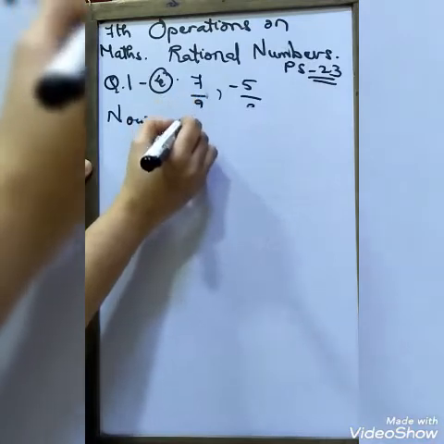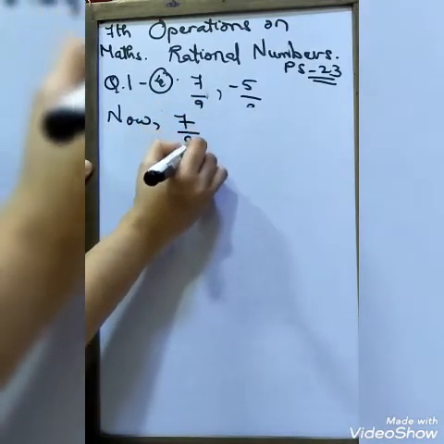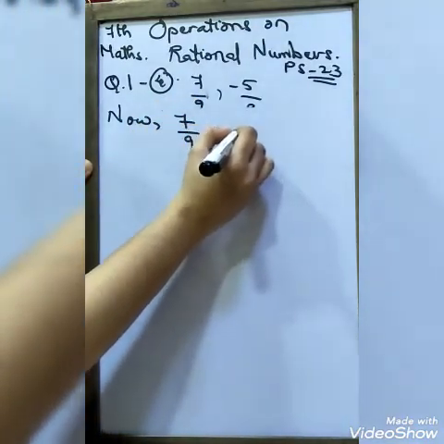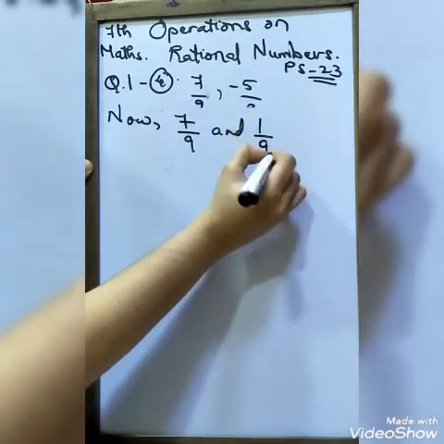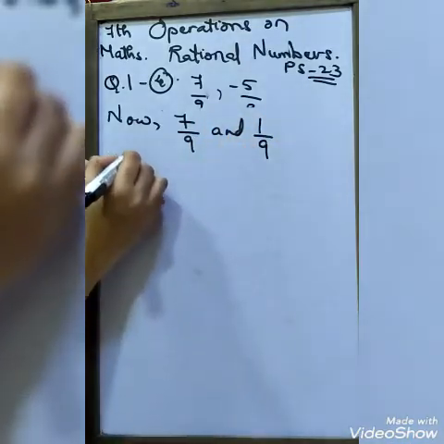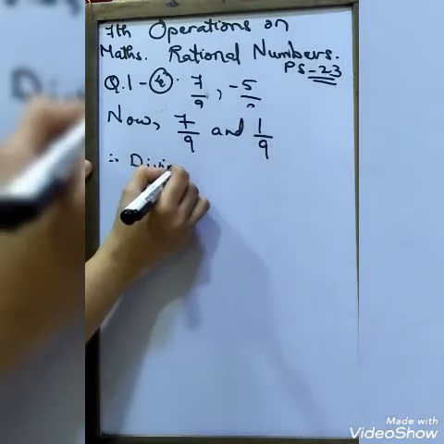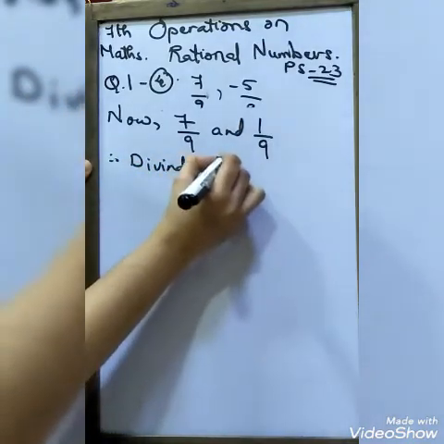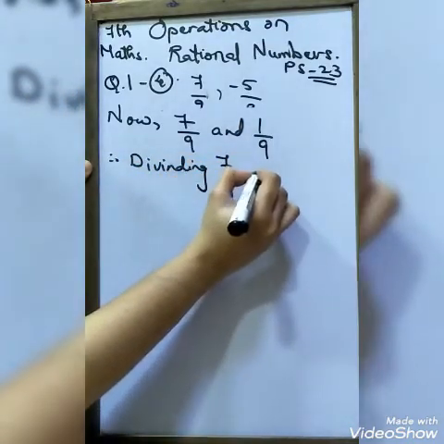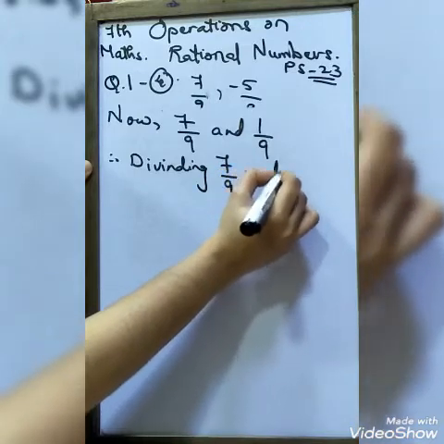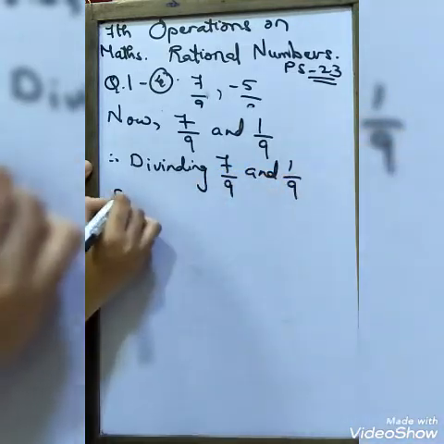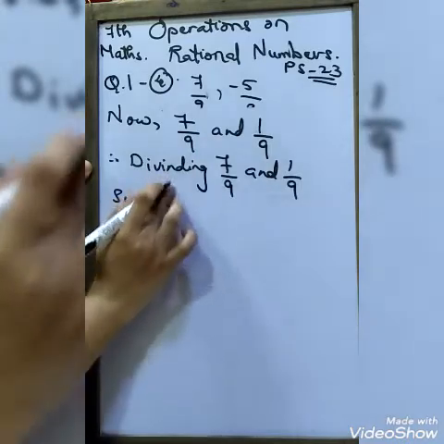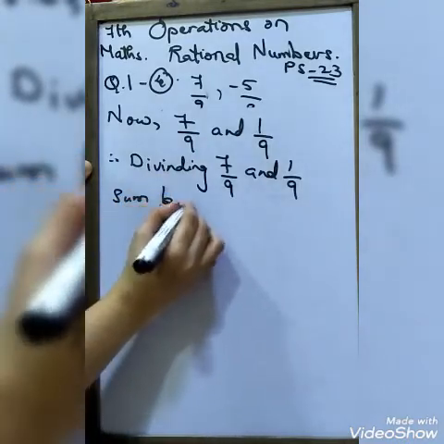Now we will find the number between 7 upon 9 and 1 upon 9. So again we divide the sum of 7 upon 9 and 1 upon 9 by 2.